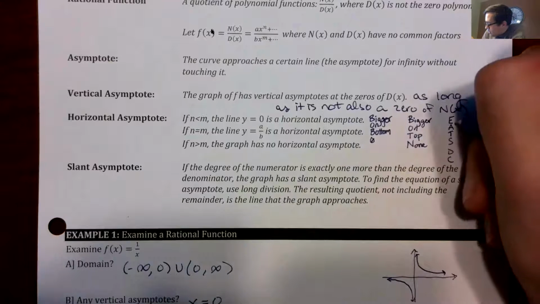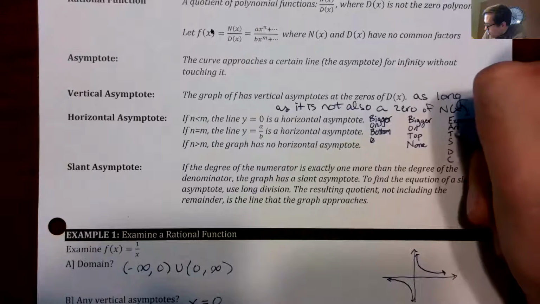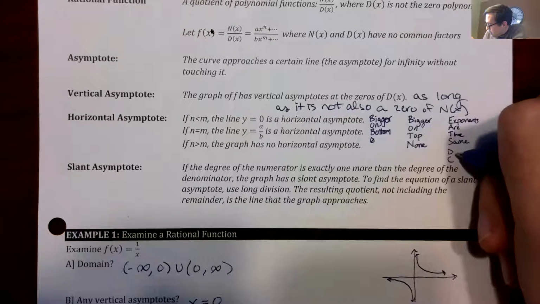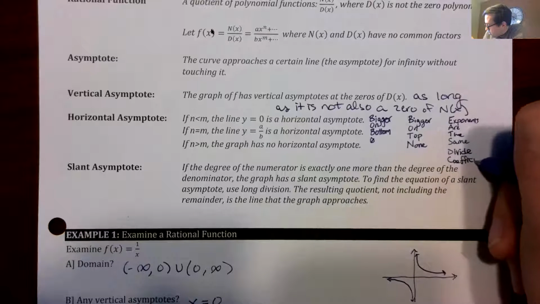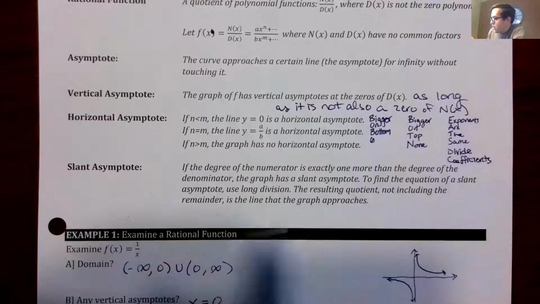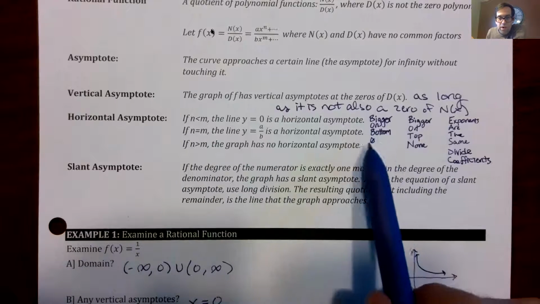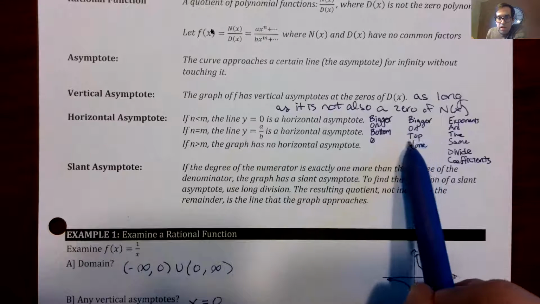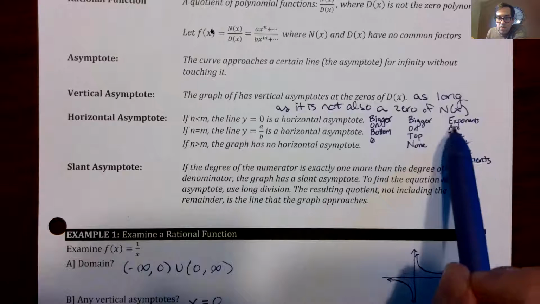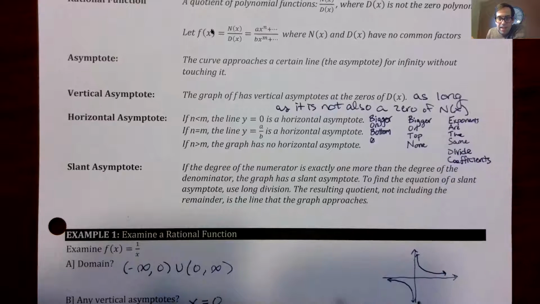And if the degree or the exponents are the same, then we divide coefficients. So that lines up exactly with these three sentences. If the degree is bigger on the bottom, the horizontal asymptote is y equals 0. If the degree is bigger on top, there is no horizontal asymptote. And if the exponents are the same, then we divide the coefficients to get the horizontal asymptote.